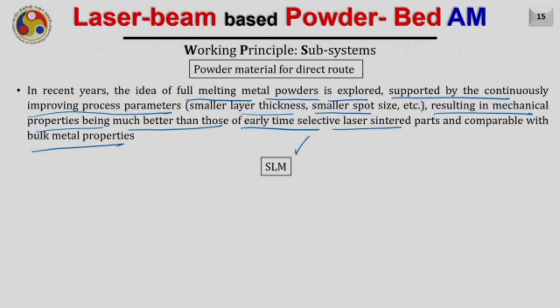This research towards the layer thickness, inert environment of the chamber, small diameter of the laser spot, small size of the powder particles, and high power laser, they all enable together the process called selective laser melting.